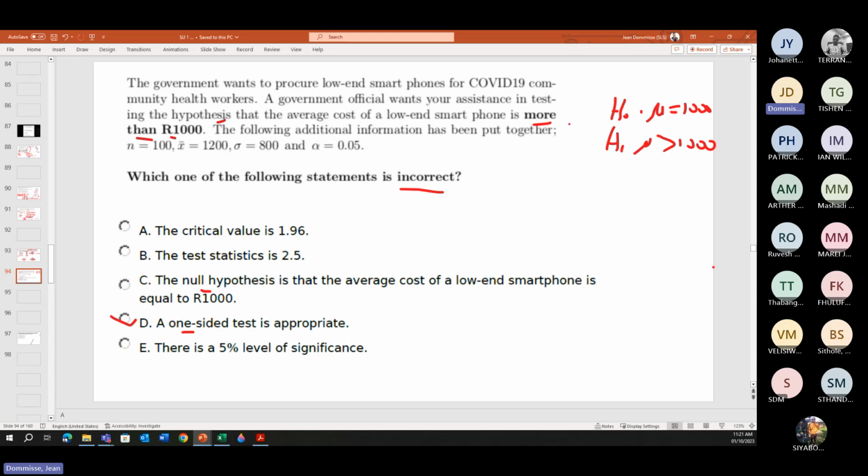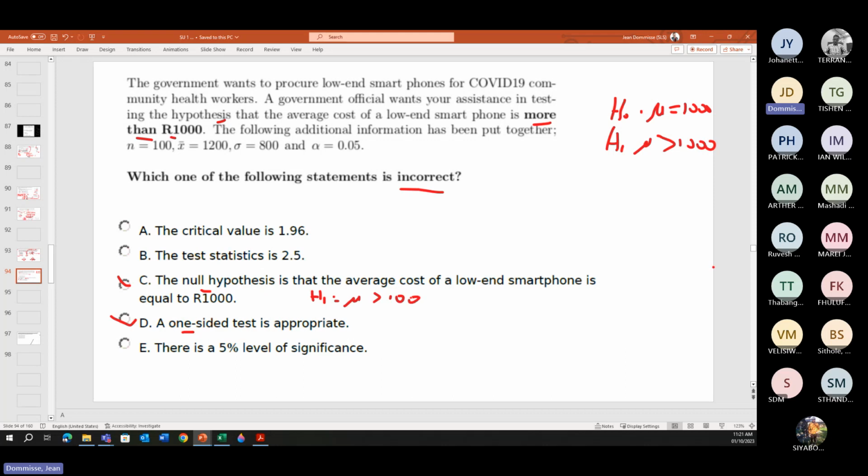Because we've jotted down the null hypothesis: the average cost of a low-end cell phone is equal to 1,000. Perfect. If there was an option of alternative, we would have just said the alternative was bigger than 1,000.